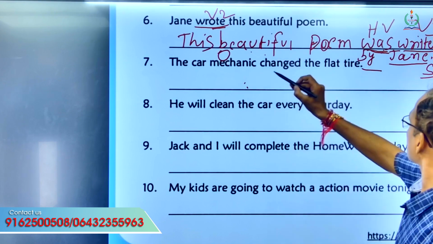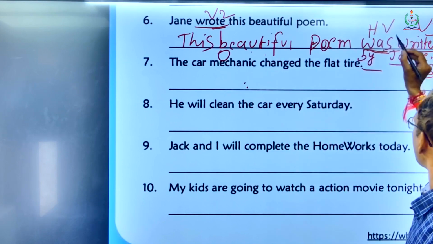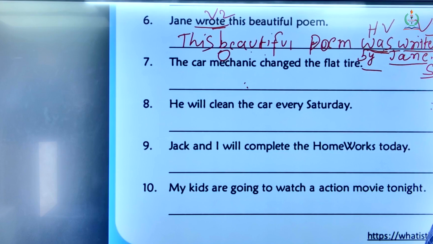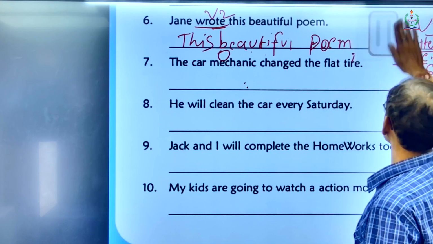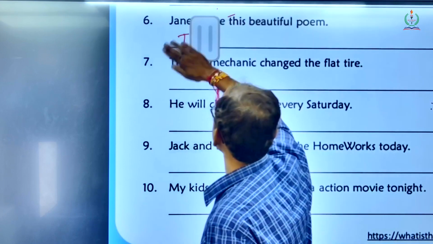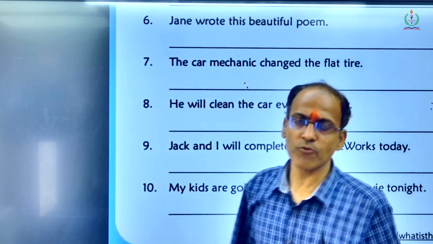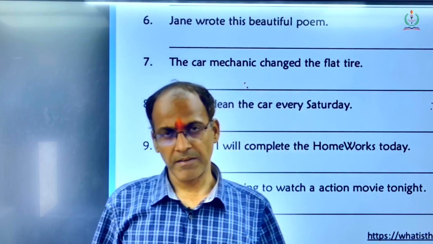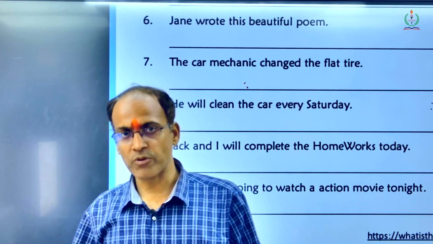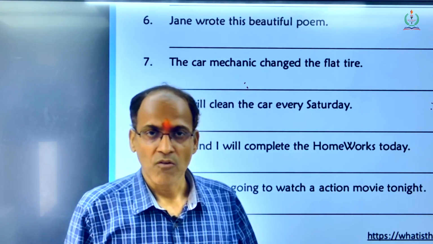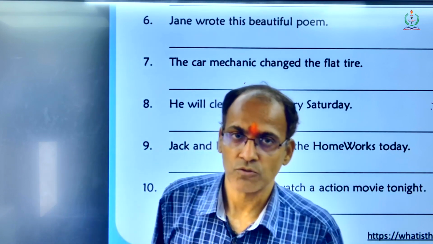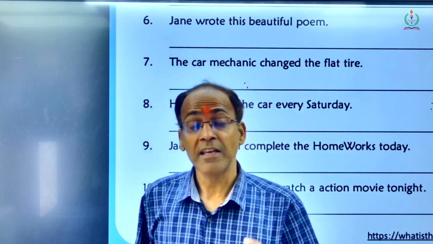It goes like this: object plus helping verb plus V3 plus by plus subject. If we apply this rule, any question that comes like this, to convert a sentence from active voice to passive voice, we can solve it with ease. We just have to keep in mind the basic rule.